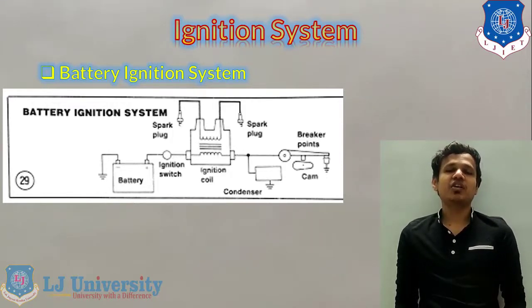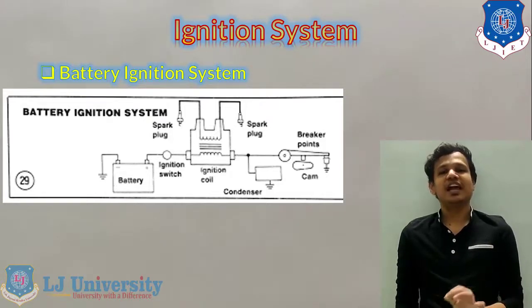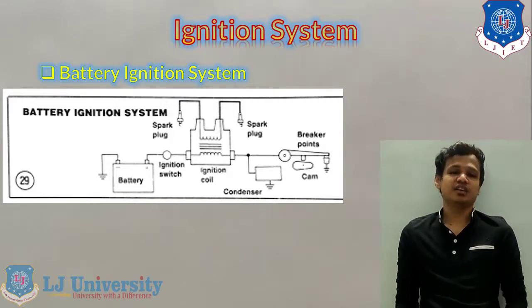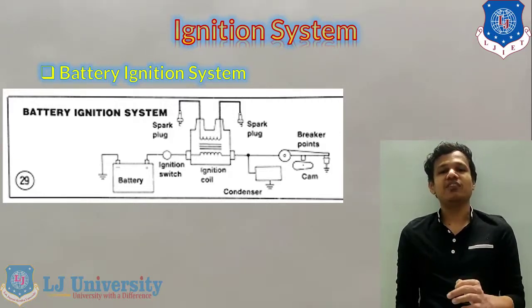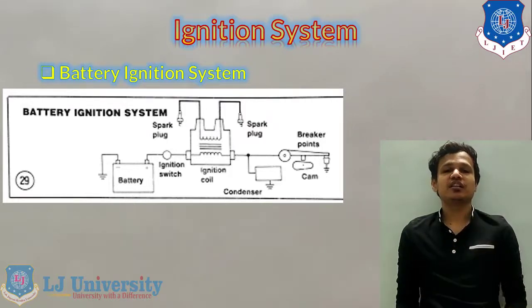The same ignition coil is also given in the magneto ignition system as well. In this ignition coil, primary and the secondary windings are given. In the case of the primary winding, if the number of turns are around 100, then in case of the secondary winding, the number of turns will be around 10,000 to 20,000.